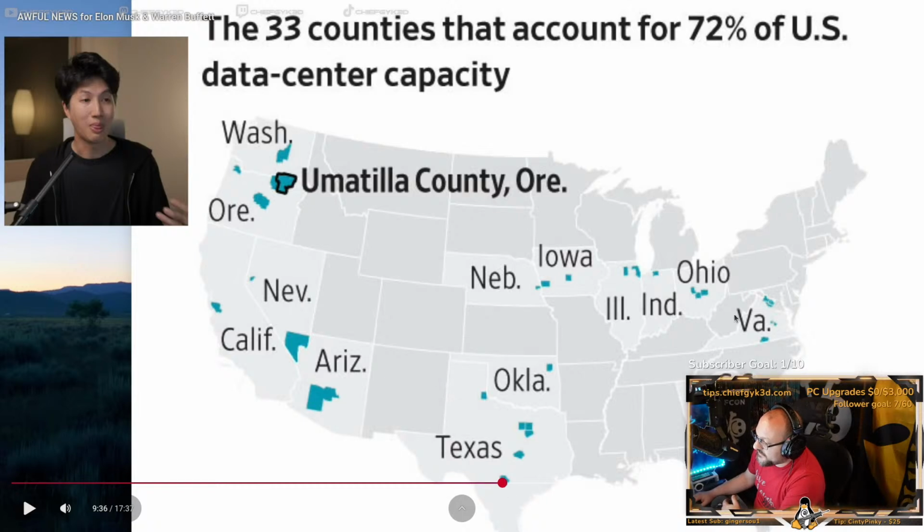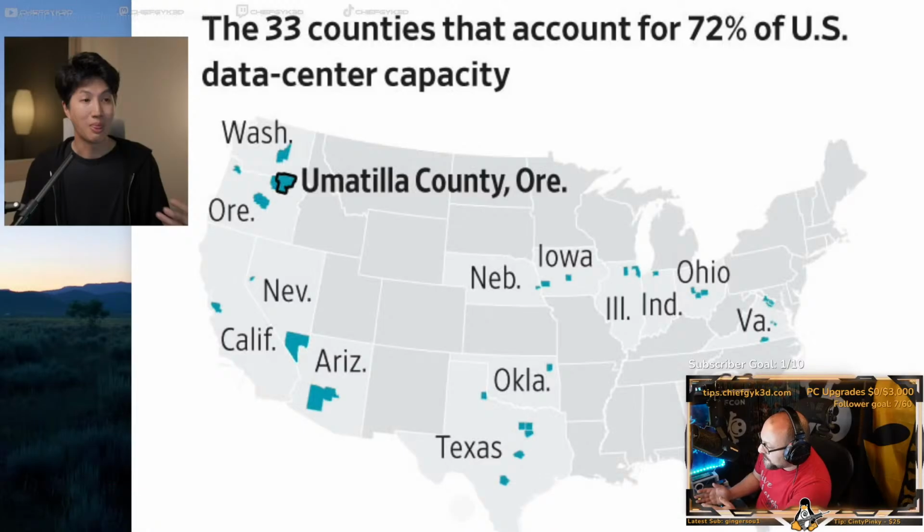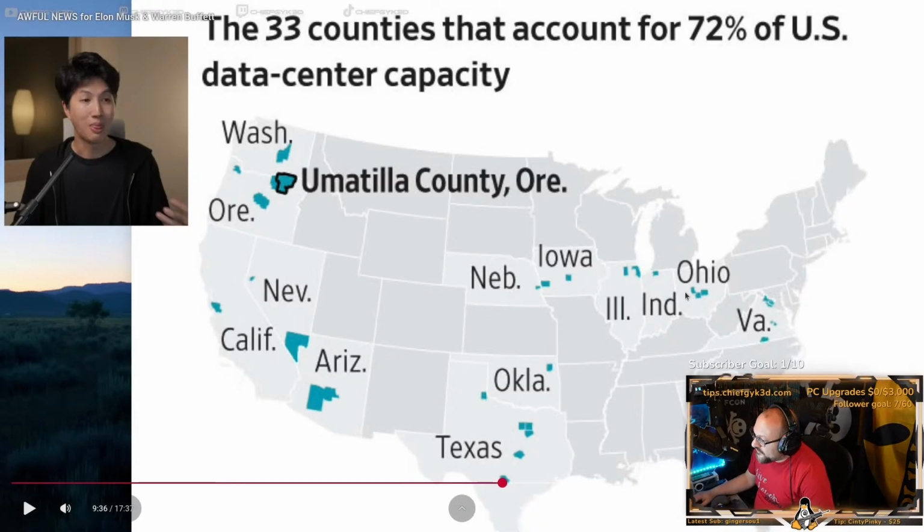Because in order to efficiently cool a lot of these server systems, you need water cooling. But water cooling can only cool your system down to the ambient temperature outside. There are ways to do mineral immersion and all that stuff. We're not going to get into that, but there's a lot that goes into that.